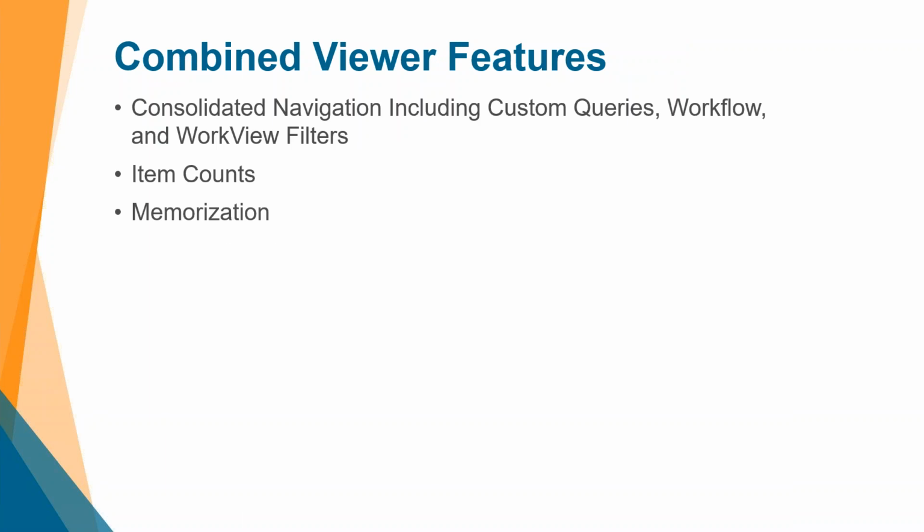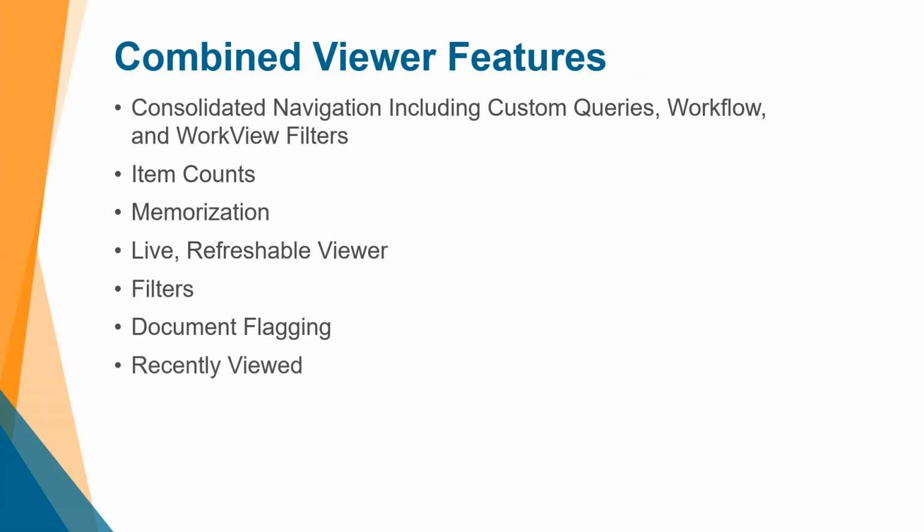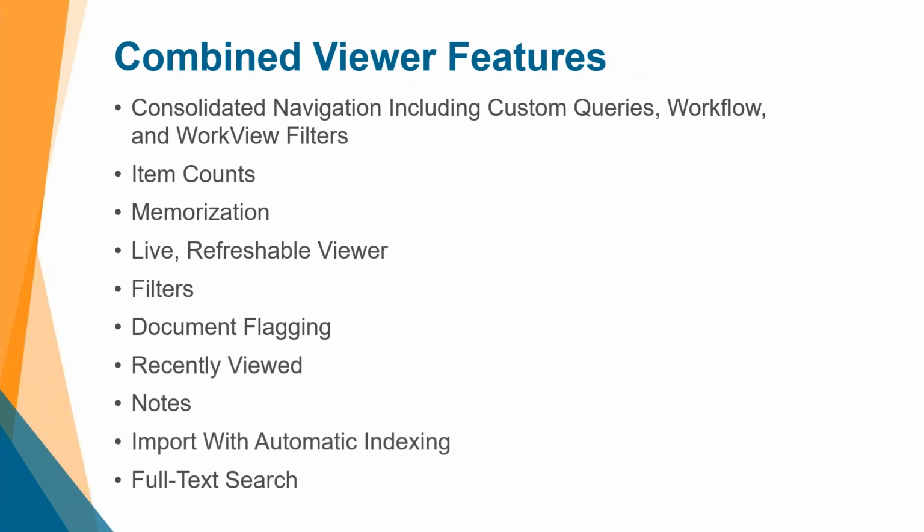So a few different features here just to run through these relatively quickly. Again, we have that consolidated view and that navigation that includes the ability to embed custom queries that you may already have configured, different workflow queues that you have available, and different WorkView filters that are associated, again, with whatever that common unique identifier is across your different documents.